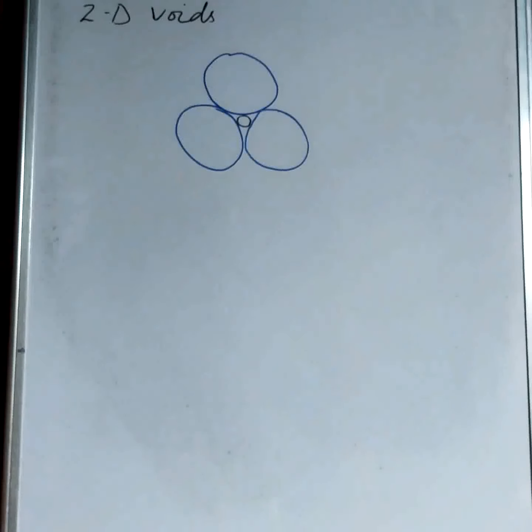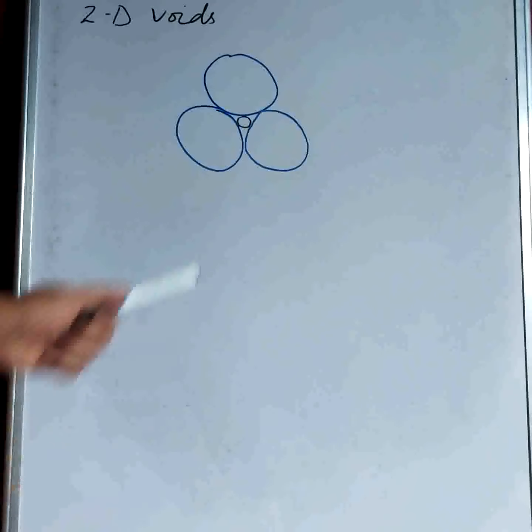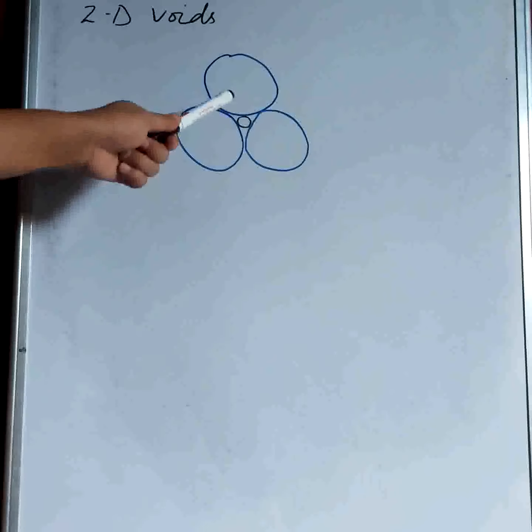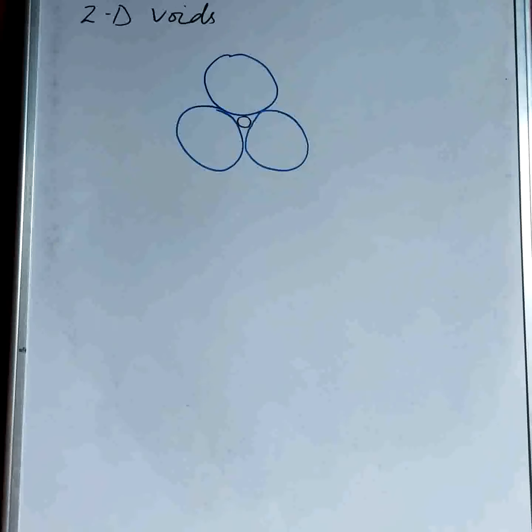So let's start with the two-dimensional voids. If we look at this arrangement, this figure, there are three atoms surrounding the smaller atom at the center, and that space is what we call the void or the empty space.